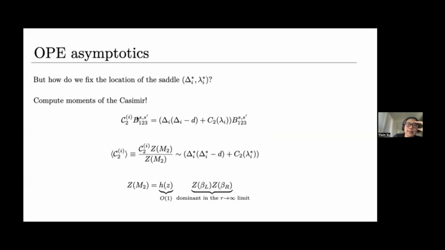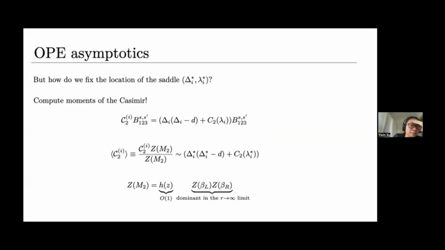We know that the genus-2 blocks are defined to be simultaneous eigenfunctions of the three Casimirs. This superscript I means that it can act on different places.